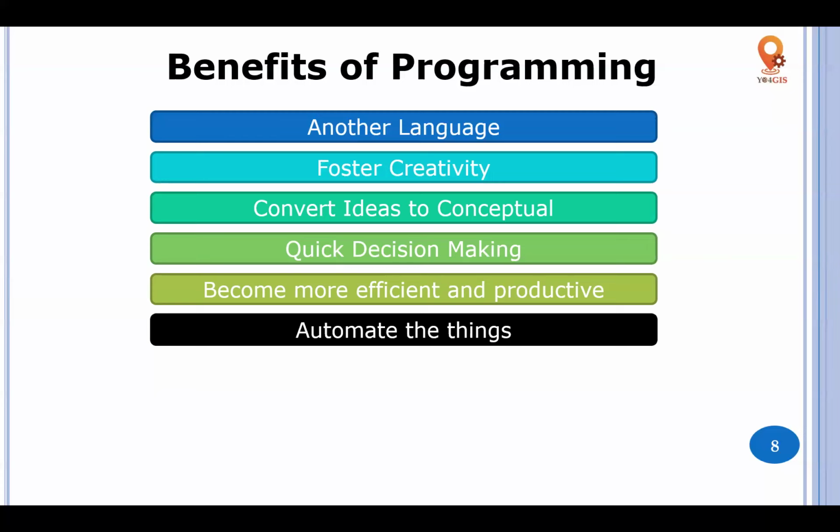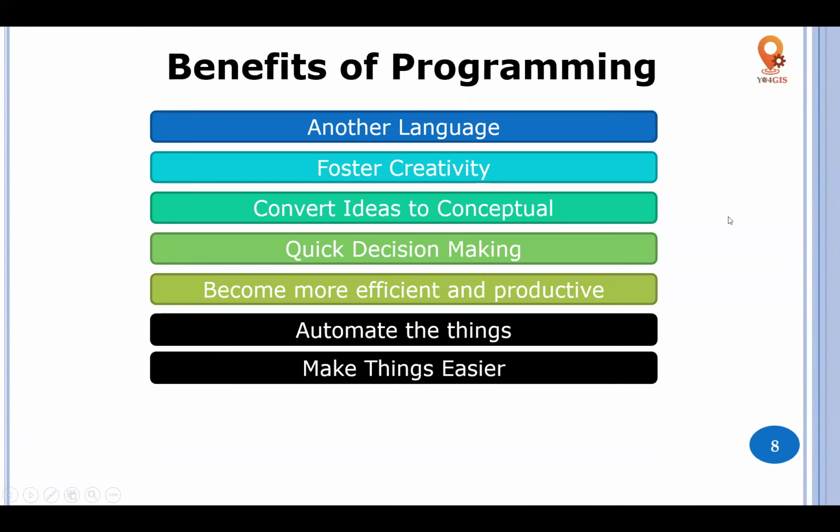If you collect all this information manually, then every day you will spend 1 hour to get the information. But if you know programming, you can write a piece of code, run it every day, and within 2 minutes you will get the information, and that information you can share with your management.